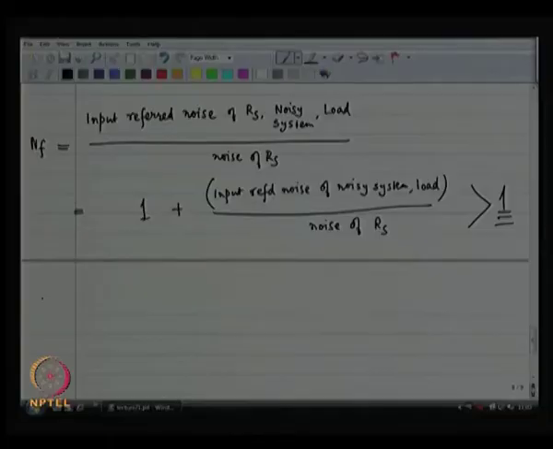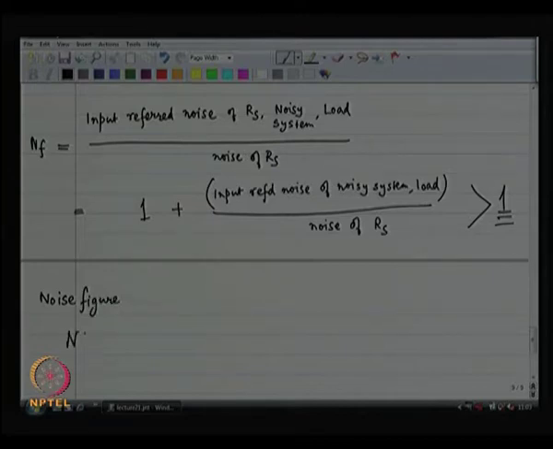The next one is very easy to understand, it is the noise figure. And the noise figure is basically the noise factor expressed in decibels.